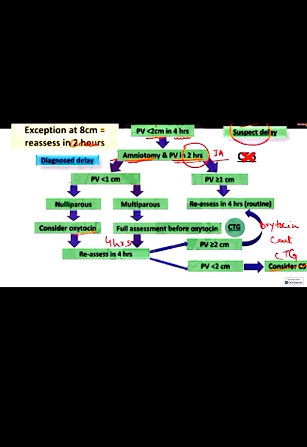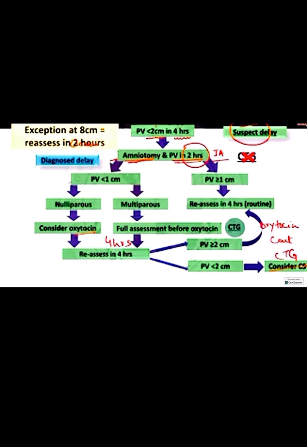The important point is that when you start a patient on oxytocin, you will do continuous CTG, because obviously with oxytocin there may be hyperstimulation, a chance of fetal distress, and reduced oxygen supply to the baby. And obviously, if the per vaginal examination is still less than 2 centimeter, then you will take this decision and consider cesarean section.